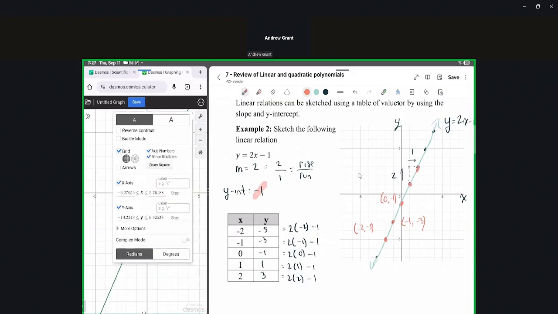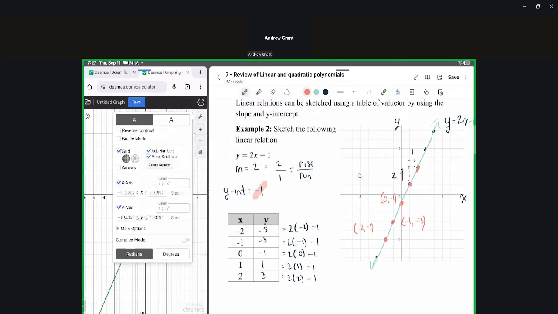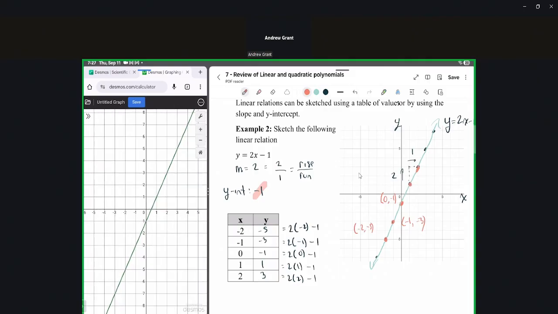If I click on the wrench, I'm going to have my x-axis go up by 1, my y-axis step also go up by 1, and I can just get rid of these minor grid lines, and I get the exact same graph. So you can see here there was 0, -1.